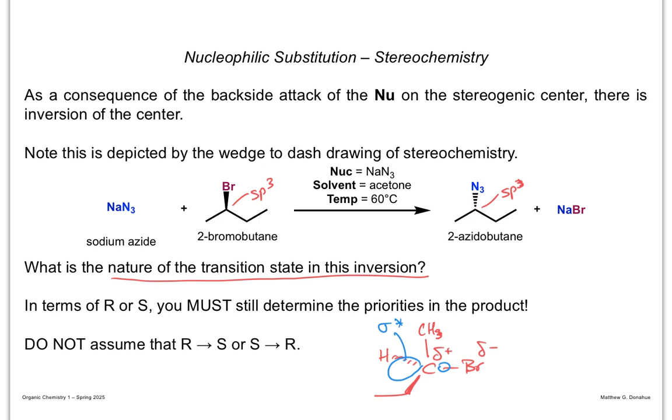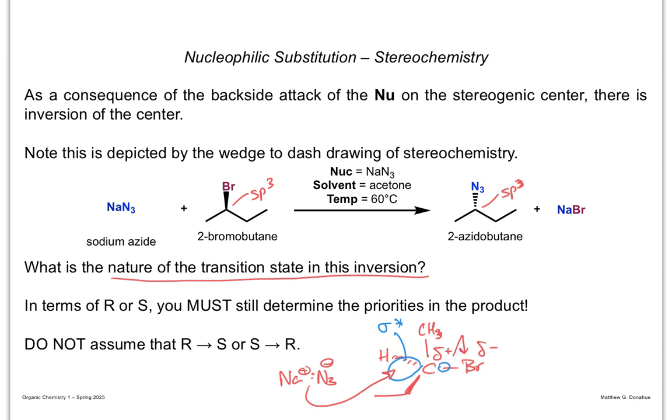So there's that sigma star orbital. That's where the electrons from the nucleophile have to go into, and it's completely opposite to the carbon-bromine bond. Those electrons are going to go in there, and the carbon-bromine bond is going to break.